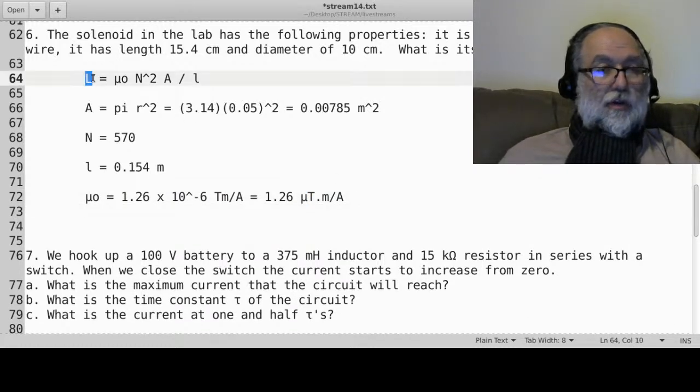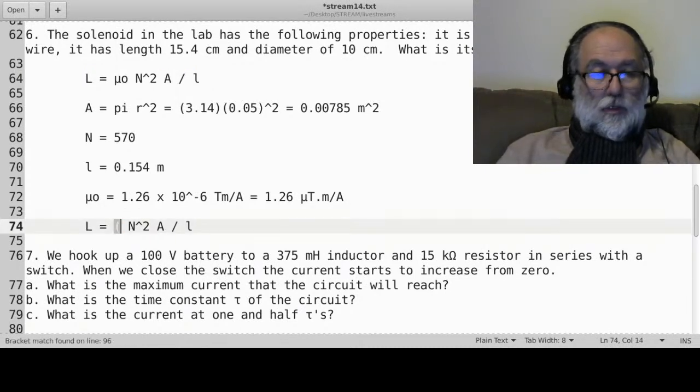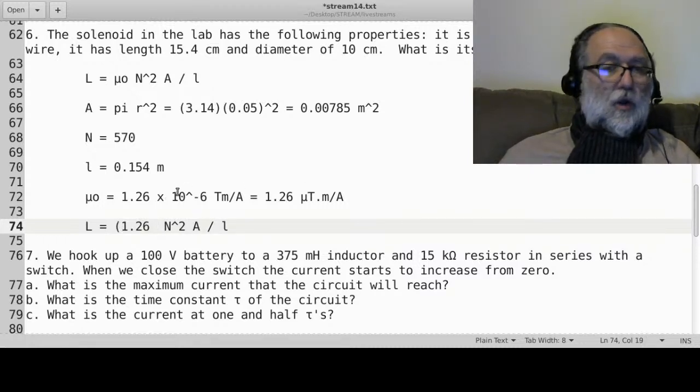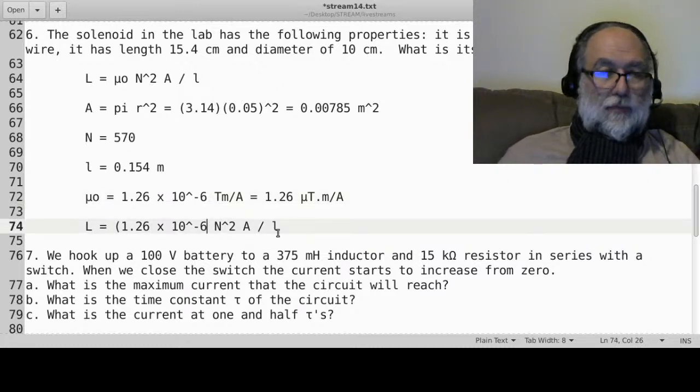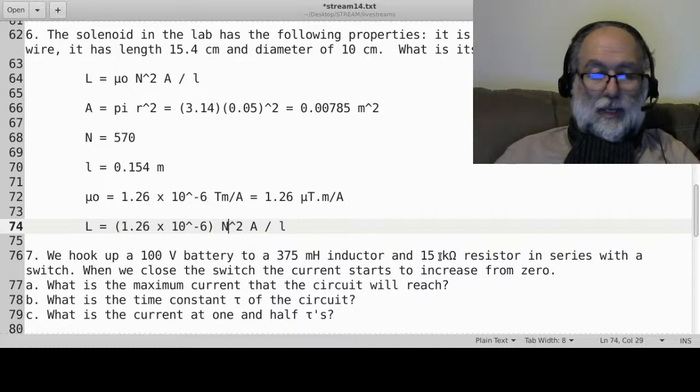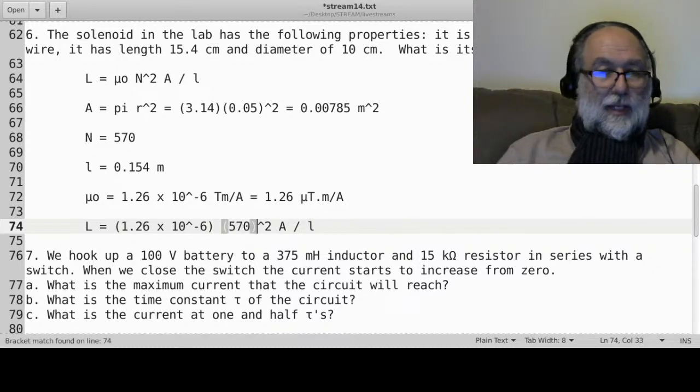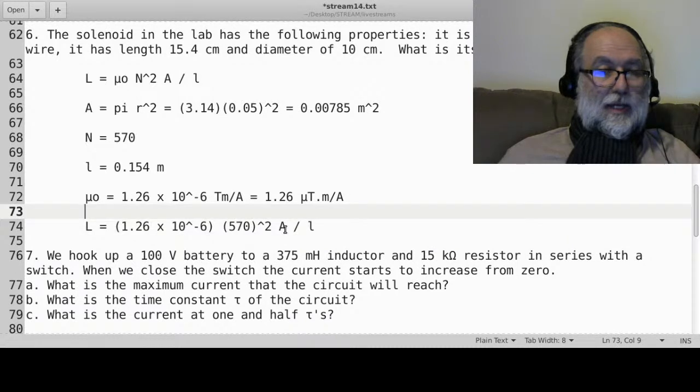Okay, and so over here we've got this. So let's put in 1.26, and let's do it all in MKS. There's the micro, and 570 for the number of windings.